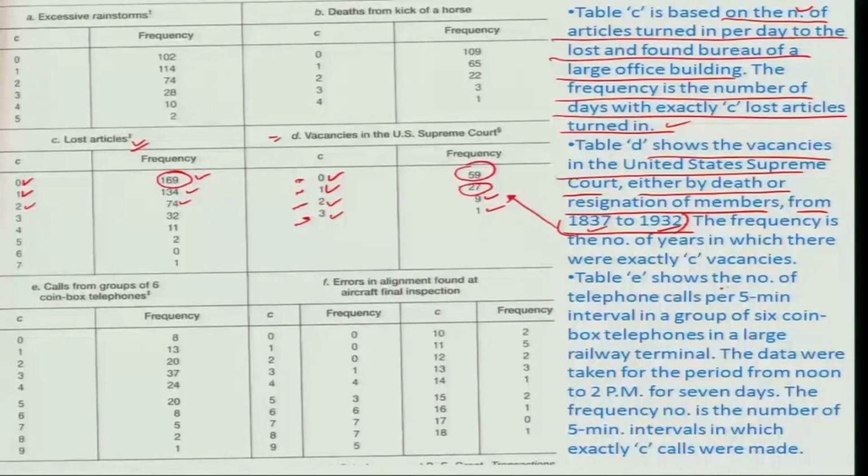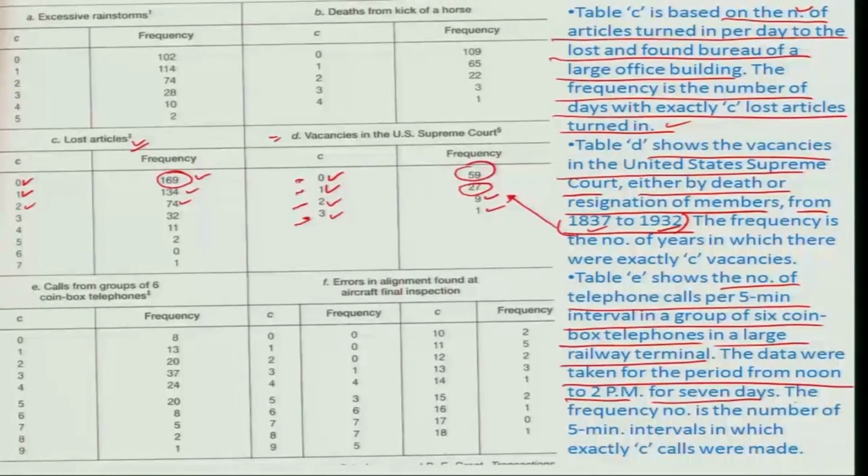Table E similarly shows the number of telephone calls per 5 minutes interval in a group of 6 coin box telephones in a large railway terminal. So the data were taken for the period from noon to 2 p.m. for 7 days. The frequency number is the number of 5 minutes intervals in which exactly C calls were made.